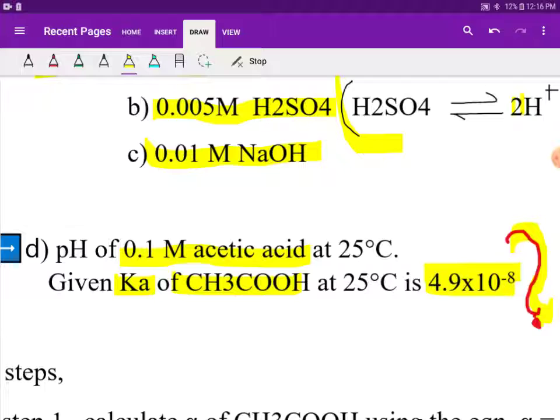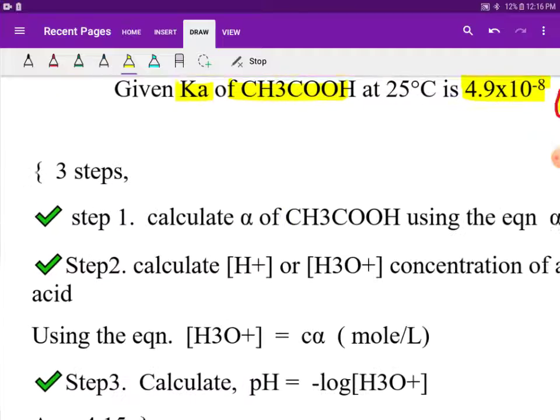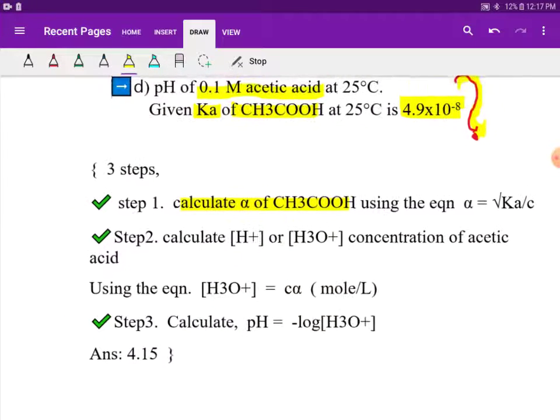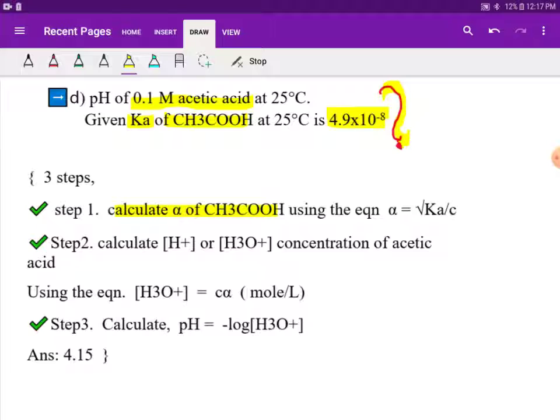The initial concentration of acetic acid is not the concentration of H plus ion in the solution, so please be careful. Step 1: calculate alpha of acetic acid, the degree of dissociation, using alpha is equal to square root of Ka by C, that I already mentioned to you, knowing its Ka and initial concentration C. Step 2: calculate the hydronium ion concentration, using H plus or H3O plus is equal to C alpha.